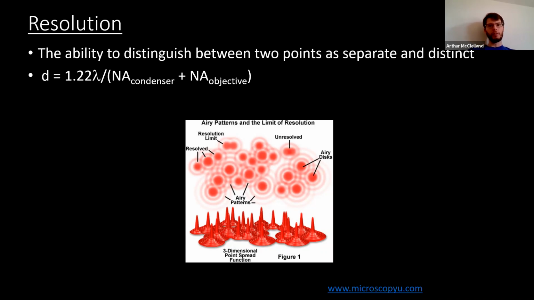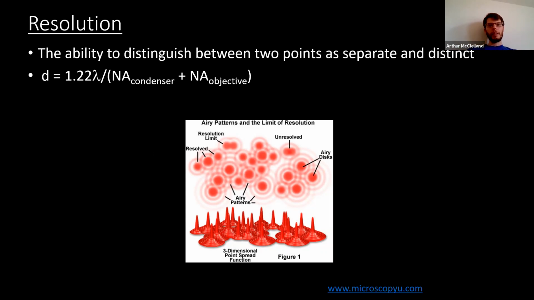So in this picture, there are some particles that are right at the resolution limit where they're right next to each other and you can just tell that there's two of them. Some are fully resolved, that you can tell that they're spatially separated, and some are unresolved, that are too close. You can't tell if there's one particle there or two particles there.